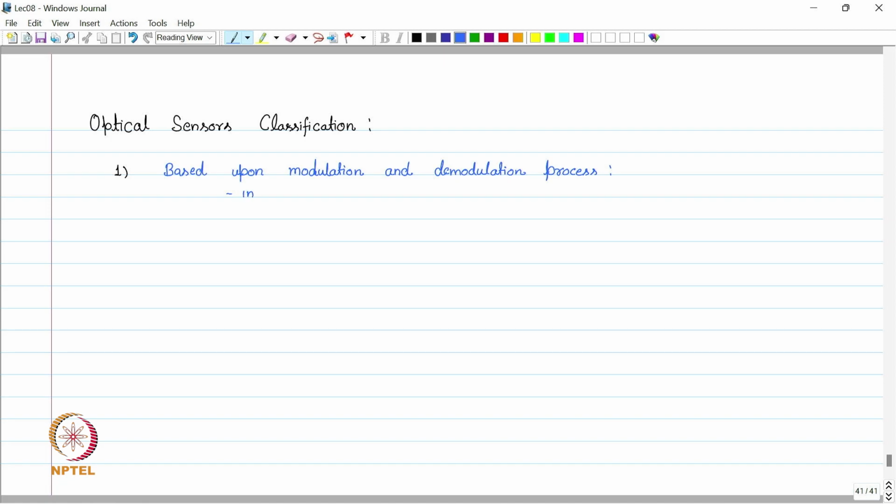For example, intensity can be modulated, the phase, the frequency, polarization, etc. This is the first classification. The second classification can be based on their application.